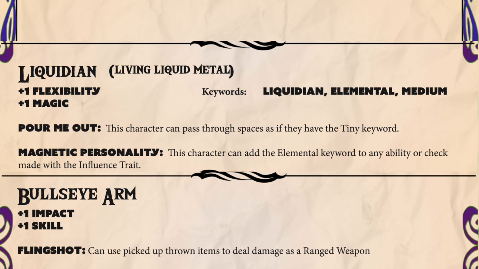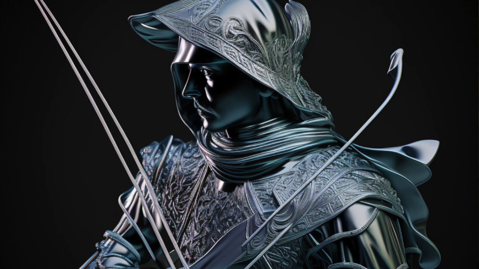And the Liquidian would get the Pour Me Out ability, which essentially allows it to pass through small openings, and that's the same as shrinking and growing. Another one that the AI wasn't an exact match with, but we have basically a liquid silver Robin Hood here.